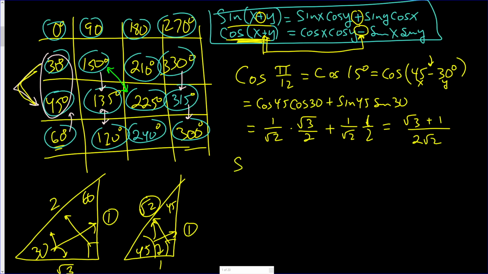Suppose you want the sine of 75 degrees. Oh, I don't like that one. Hold on a moment. The sine of 195 degrees.